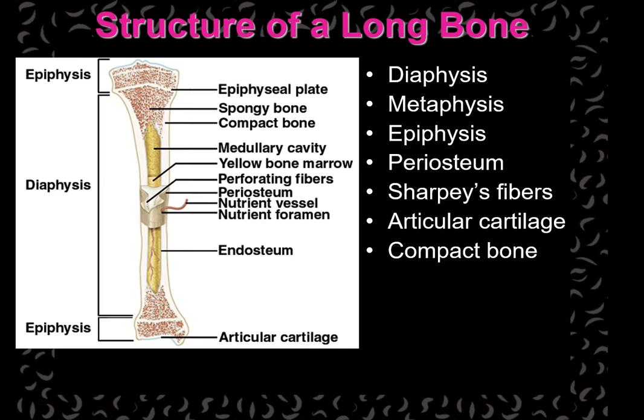Compact bone predominates in the diaphysis, okay? The diaphysis is primarily just compact bone. The epiphysis, the ends, is spongy bone with a little bit of compact bone over the top. Okay?